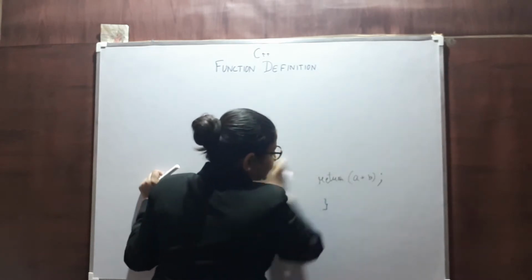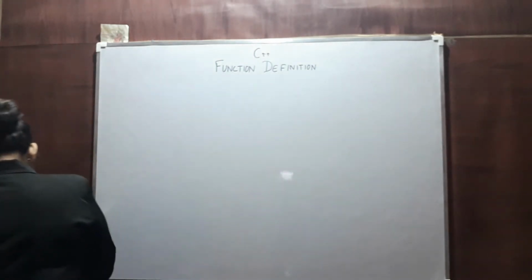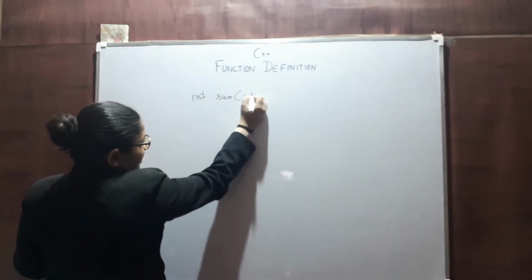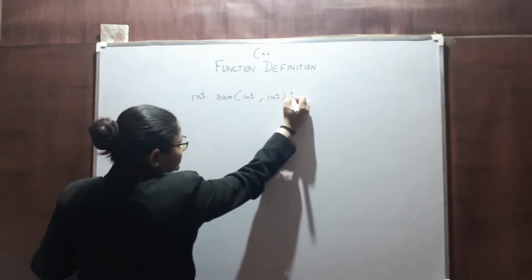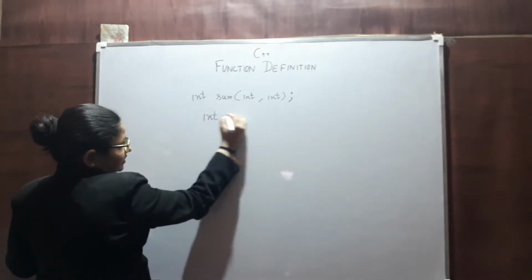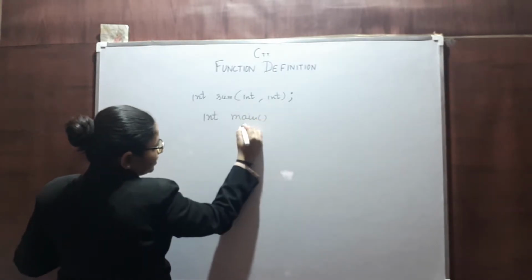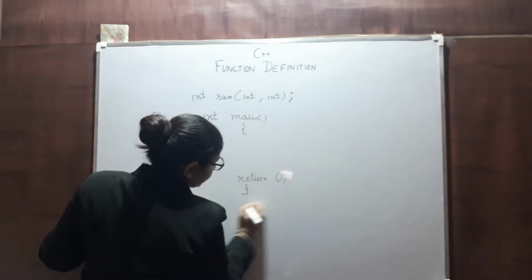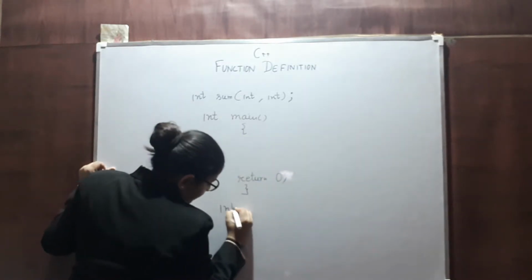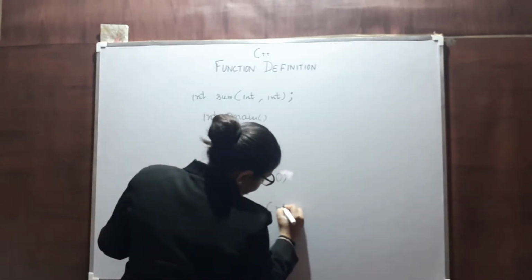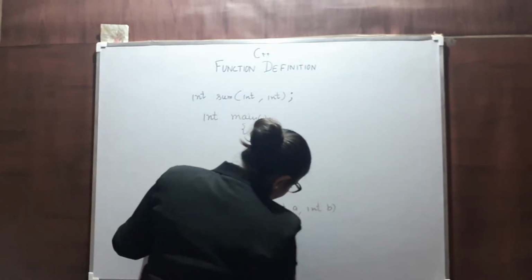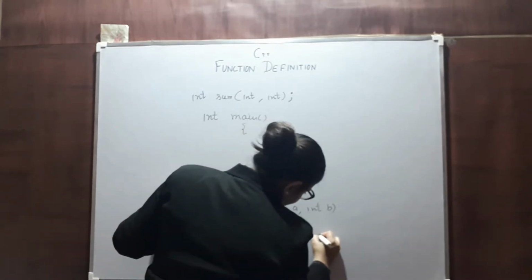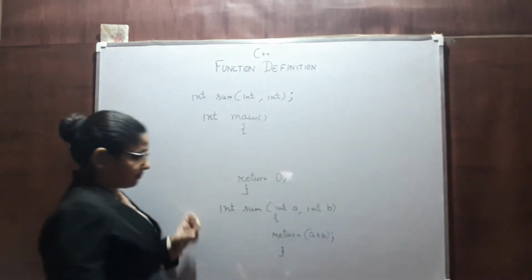Let's see where we can place this function sum in our program. int sum(int, int); int main(), before closing, return statement return 0. int sum(int a, int b), curly bracket opening and closing, return statement return a plus b and a semicolon.